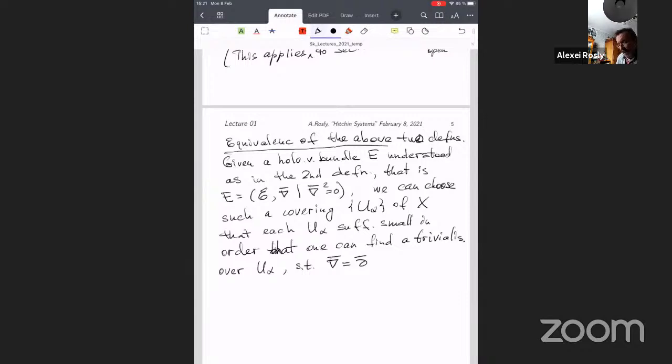In other words, one can represent the nabla bar D bar connection as a pure gauge and use the holomorphic smooth gauge transformations.